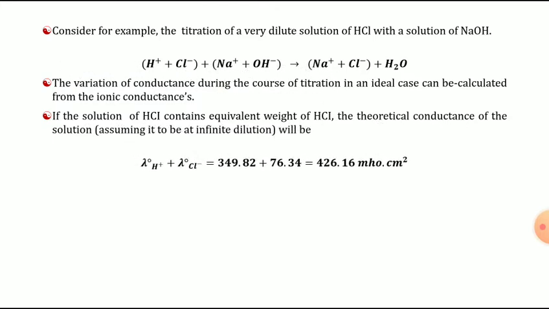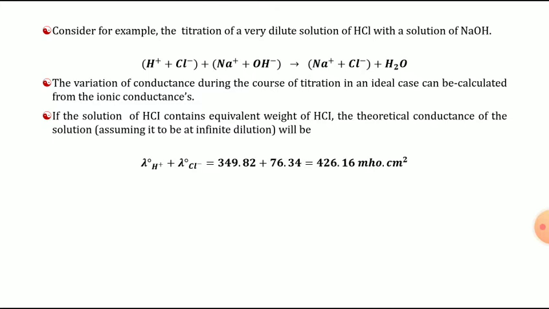See, lambda naught of H+ ions, that is the conductance of H+ ions, plus lambda naught of Cl- gives 349.82 plus 76.34, which gives 426.16 mho cm². This is the unit of conductance.